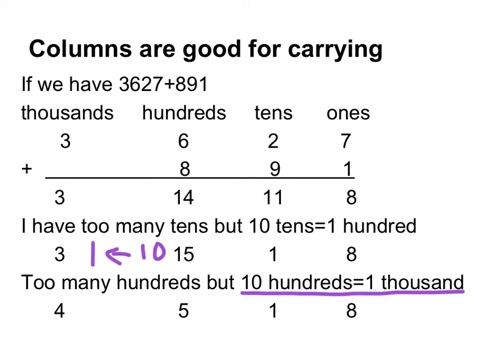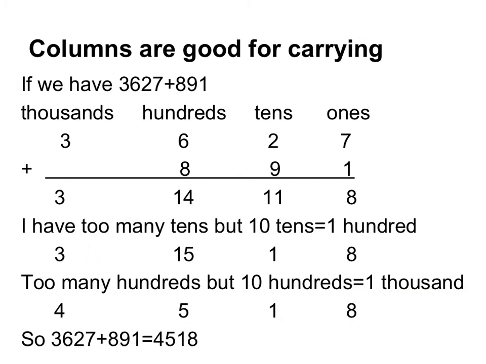We're carrying it over to the next column, and the reason that we can do that is because of this relationship. We know that 10 hundreds is the same as 1,000. So if I do that, then in the end, I have 4 thousands, 5 hundreds, 1 ten, and 8 ones. So then my answer is 4,518.